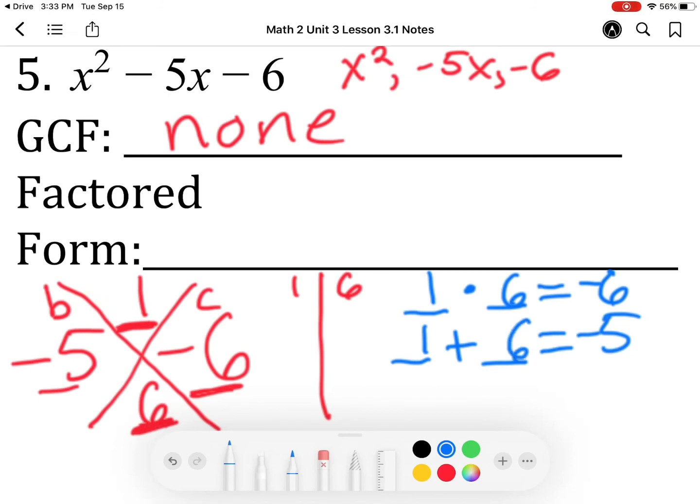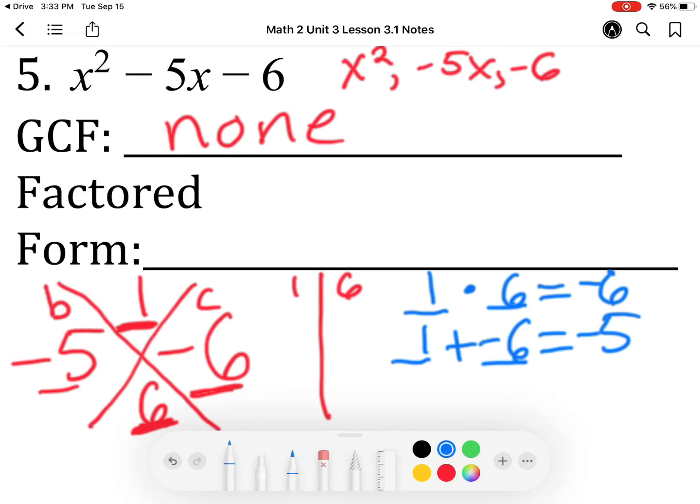Well, which one has to be negative? Does the 1 have to be negative, or does the 6 have to be negative? If we did negative 1, we have negative 1 plus 6. That doesn't give us negative 5. It gives us positive 5.